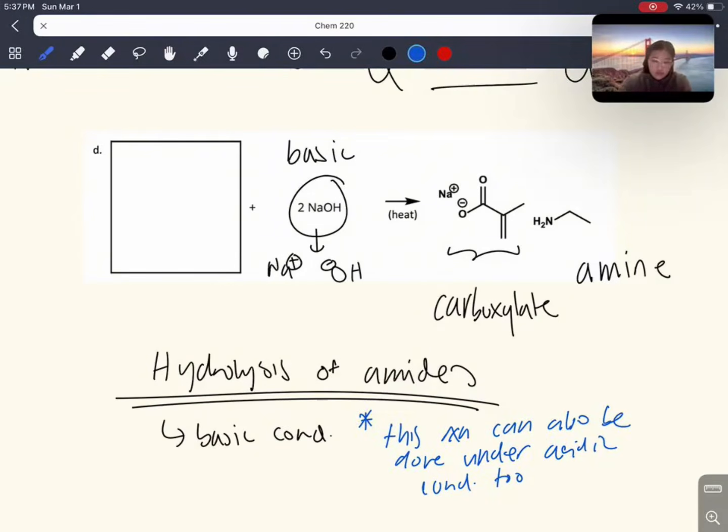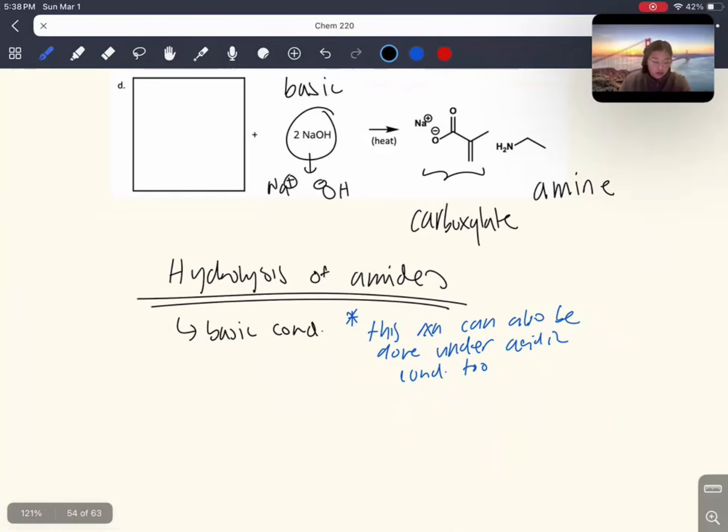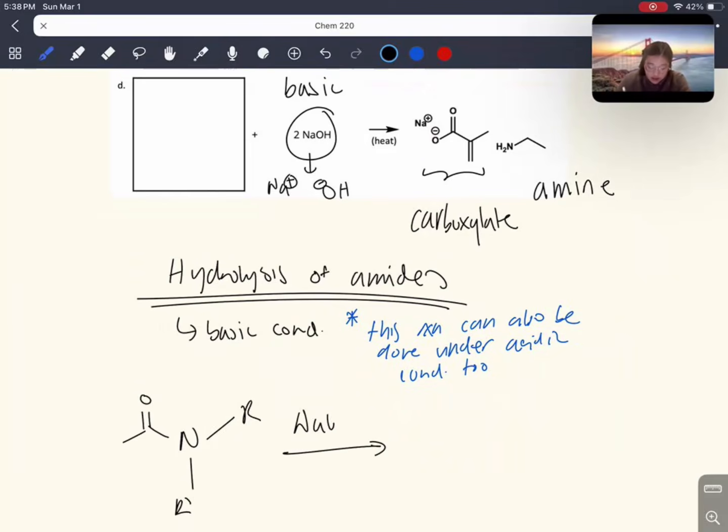Okay, so now I'm going to draw out the general reaction for a generic hydrolysis of amide reaction. So if you have an amide, I'm just going to draw a generic one, with an R group here and another R group here. And then the reactants in this reaction are NaOH, H2O, and heat.